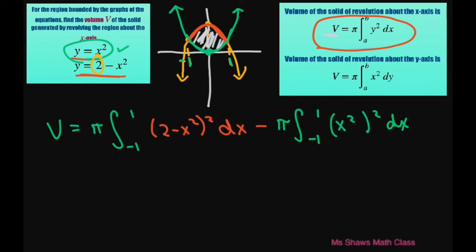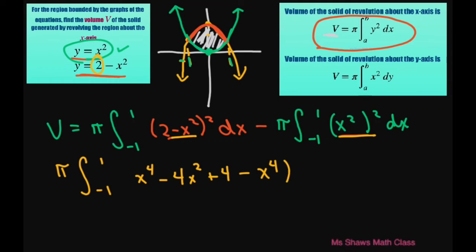Now let's put all this together. This is going to be pi times the integral from negative 1 to 1, and if you expand this, we're going to get x to the power of 4 minus 4x squared plus 4, and then you subtract this, minus x to the power of 4, dx.